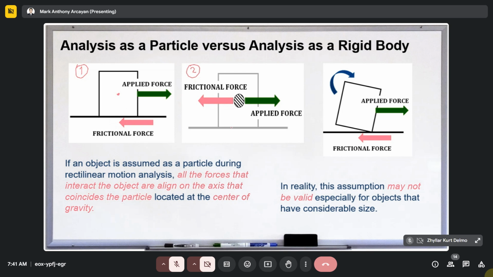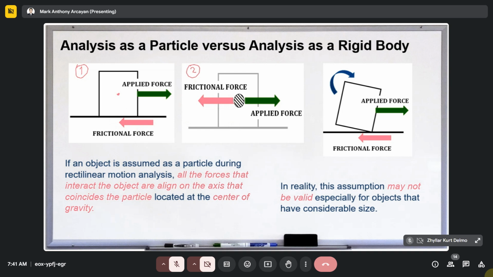So here we move the location of the frictional force from the lower portion of our body to the center of gravity.